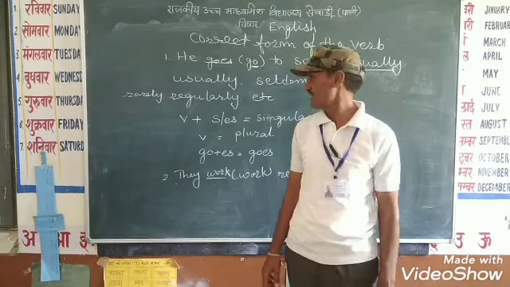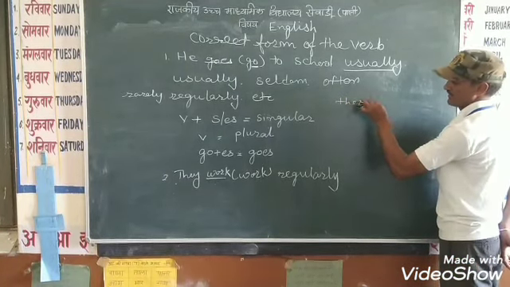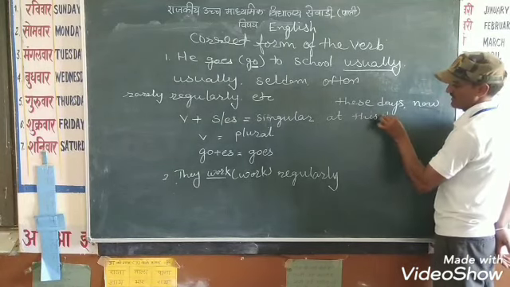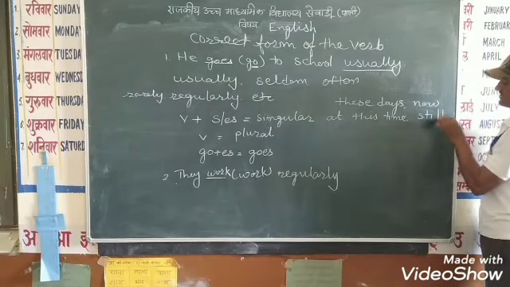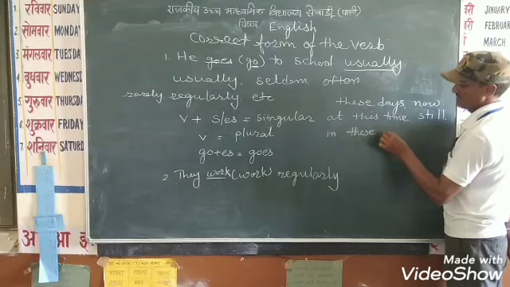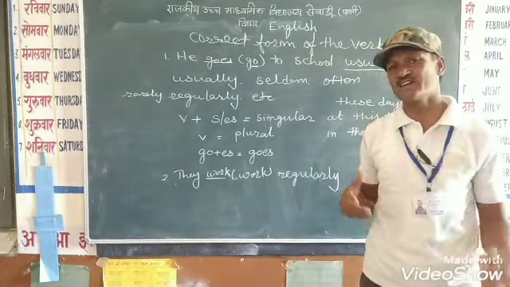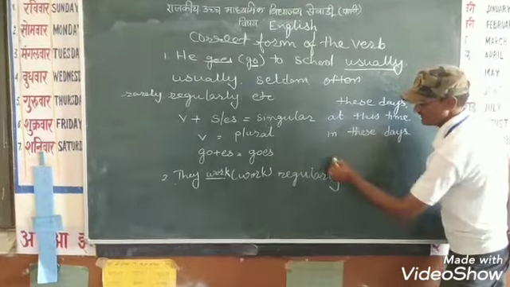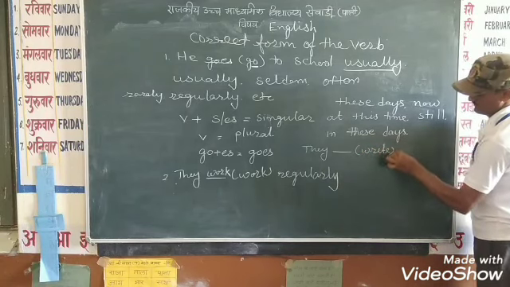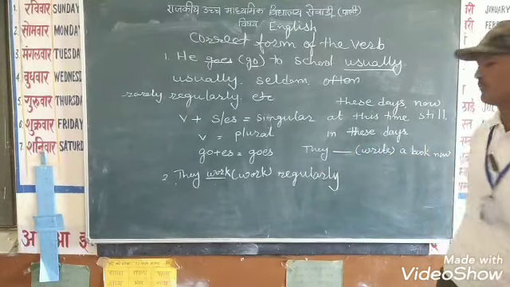If the following words are written in the sentence, for example, these days, now, at this time, still, in these days, then we use verb plus ing. For example, they write a book now.